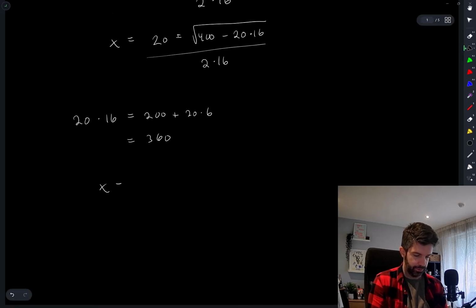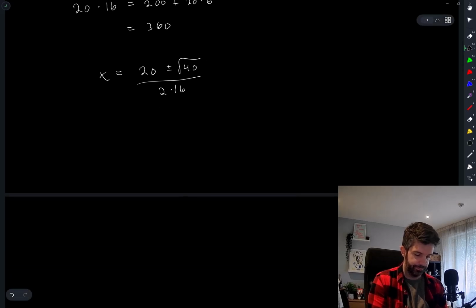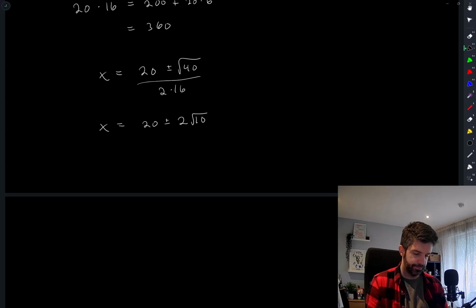So I have x is equal to 20 plus or minus the square root of 40, divided by 2 times 16. 20 plus or minus 2 root 10, divided by 2 times 16.